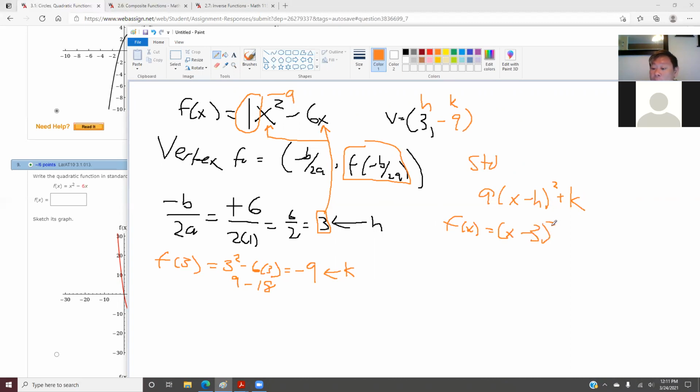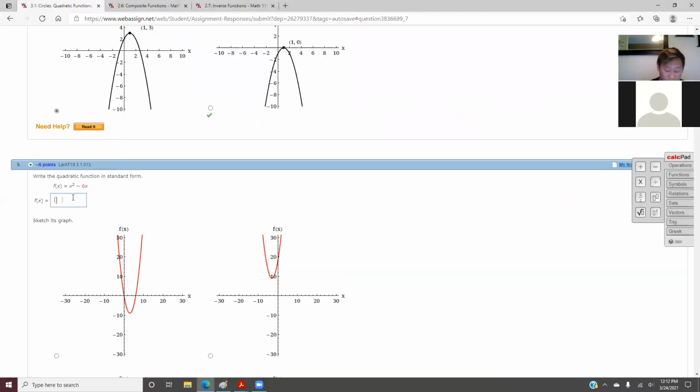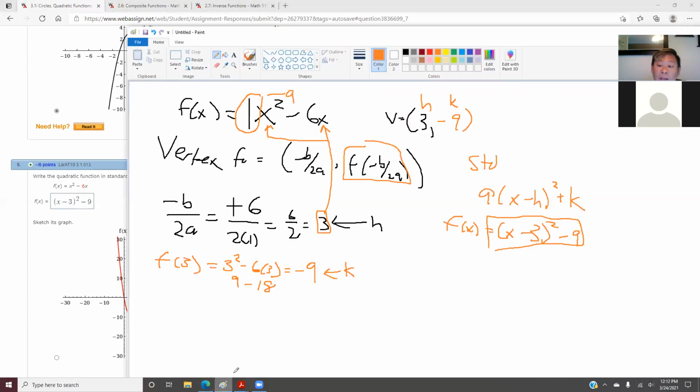Don't forget the square. And then plus k, k is -9. So this answer is (x minus 3) squared minus 9. So this is the quickest way for us to find the standard form and the vertex.